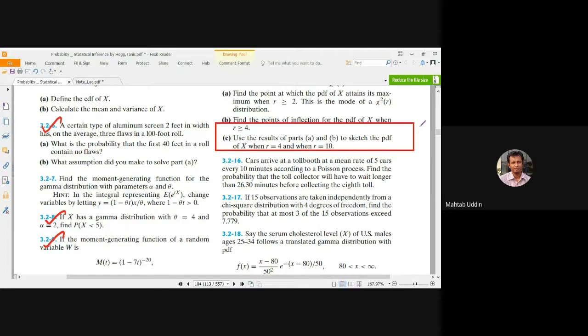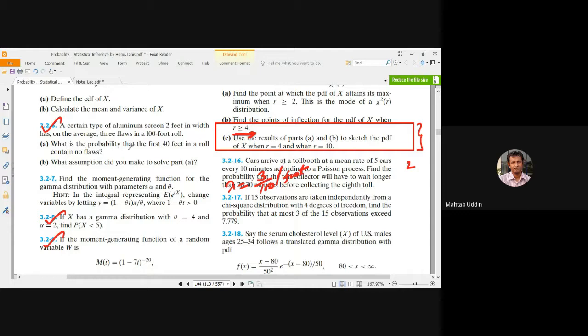What's the width here? 2 feet. But it is moving through the length, so the 2 feet does not have an impact. It is saying on average 3 every 100 feet roll. That is, the average is 3 by 100 per foot.